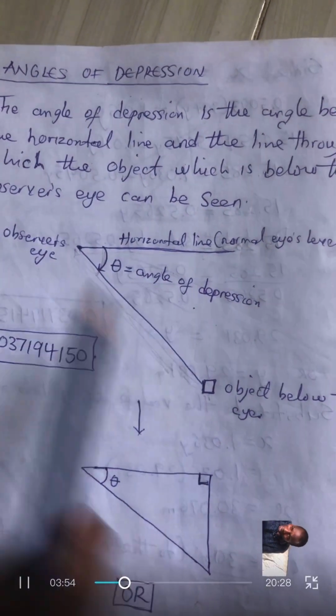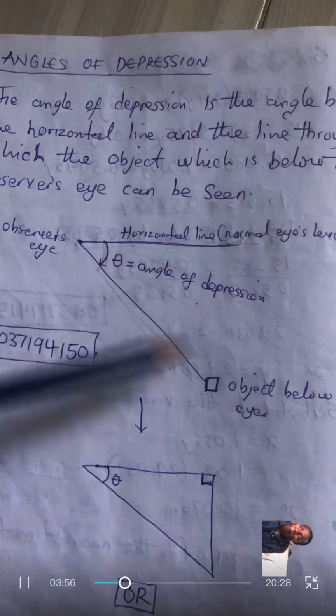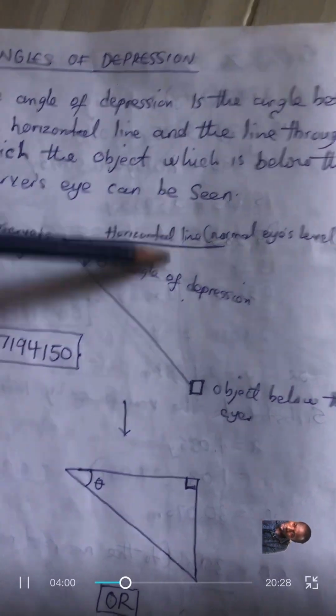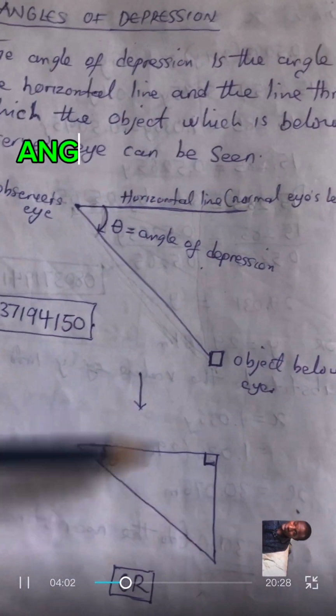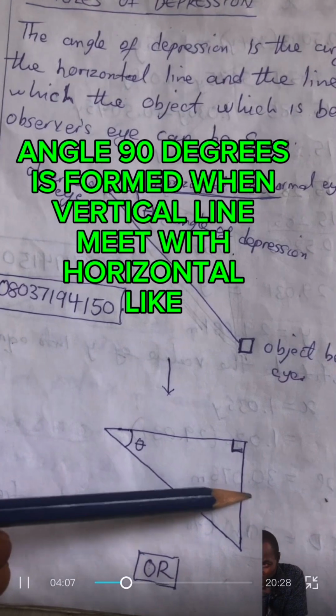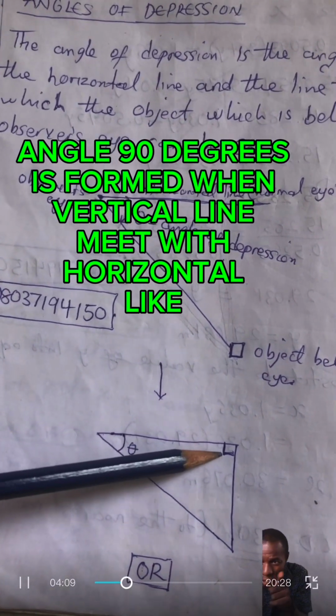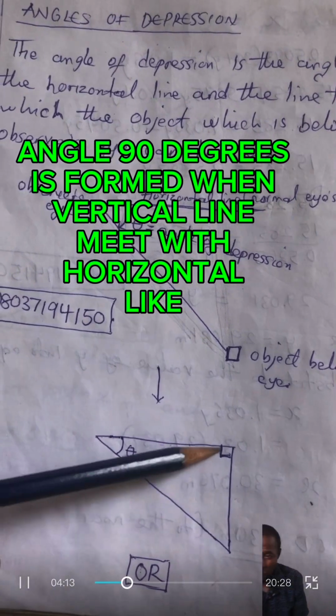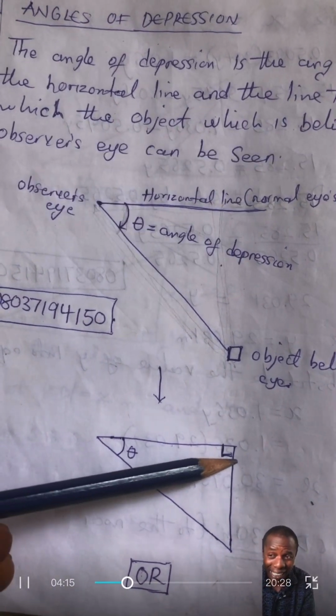Now, if you draw a line from that object upward to where the horizontal line is, you're going to end up with a right angle triangle. When a horizontal line and a vertical line meet, they form angle 90 degrees.